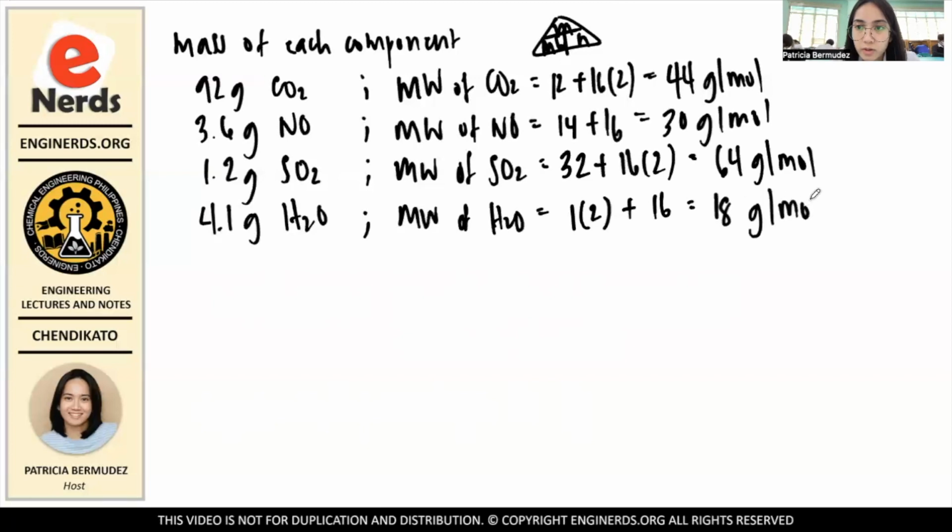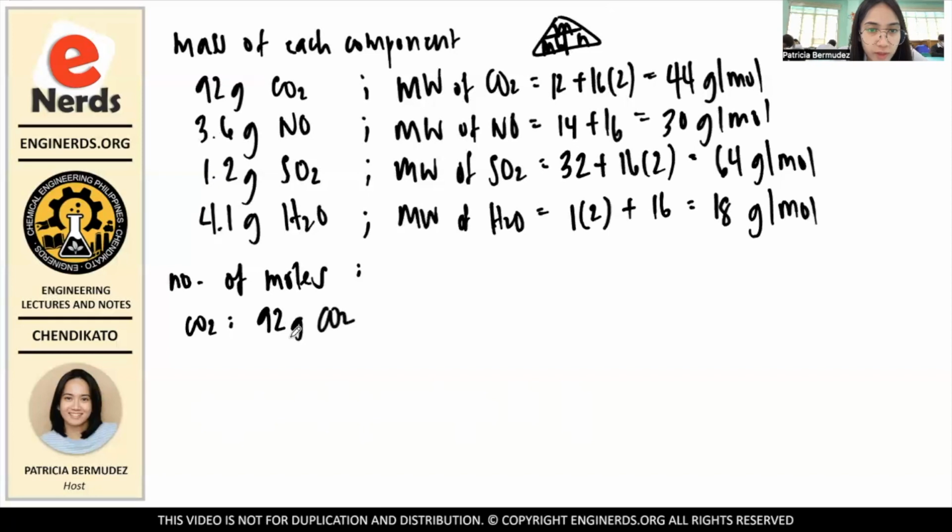grams per mole. And then getting the number of moles, for CO2, we have to divide the mass by the molar weight. So we divide 92 by 44. So for CO2, we have 92 grams CO2 divided by 44 grams per mole. So the unit here would be moles because the grams will cancel, and the moles are left, which was on the bottom.